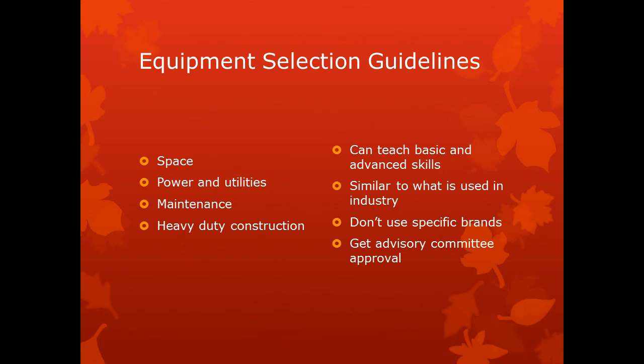So here's some basic equipment selection guidelines to look at here. When we're purchasing our equipment, we got to deal with space. You and I aren't unlimited in that. We've got so many square feet, so many cubic feet of space to work with, and we've got to get equipment that's going to fit that. Power and utilities. Obviously, we need electricity. We may need running water, air, all kinds of other things in our labs.